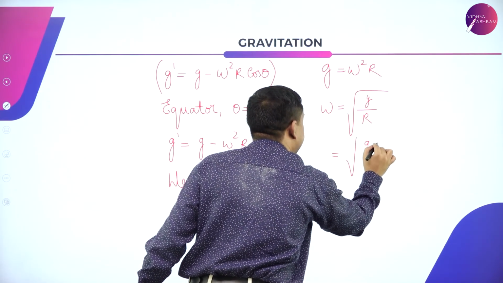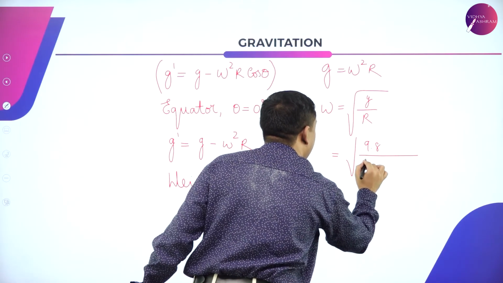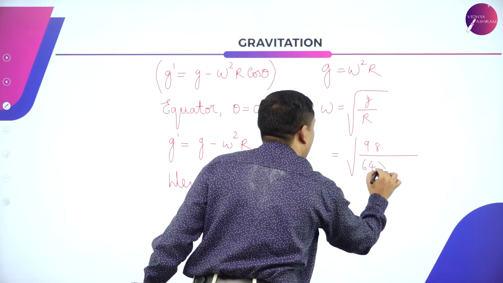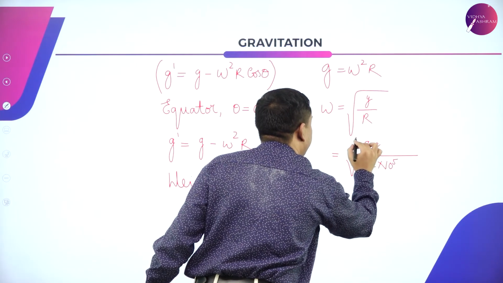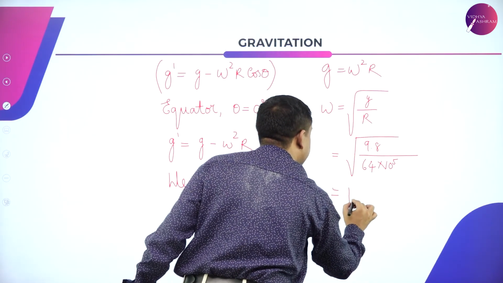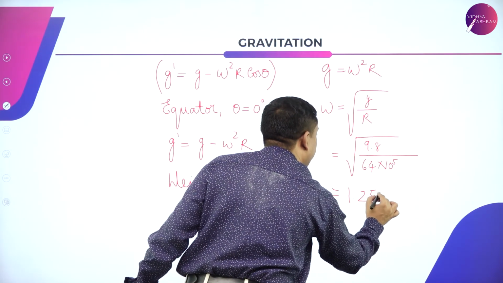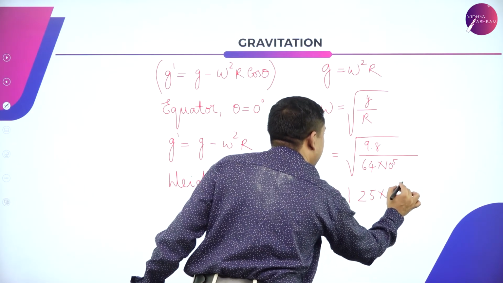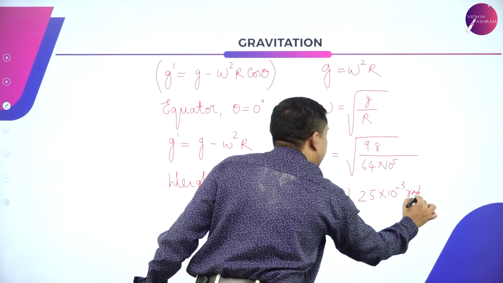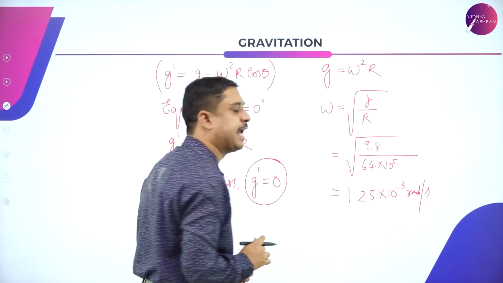G is 9.8, r is 64 into 10 power 5. So the answer is 1.25 into 10 power minus 3 radian per second.